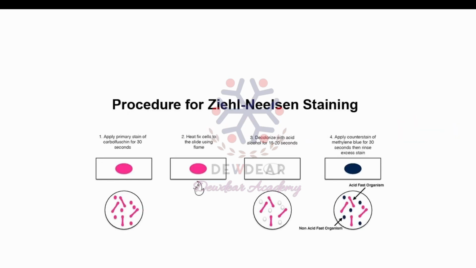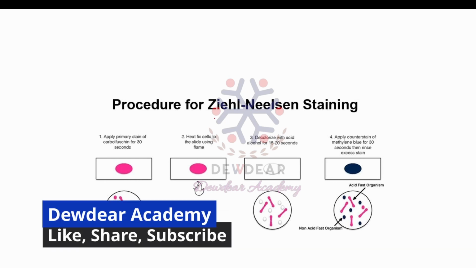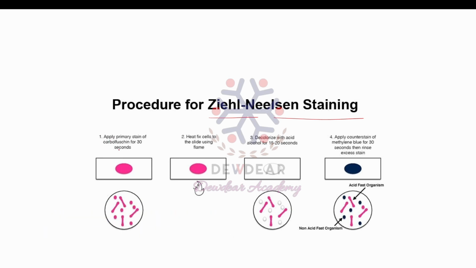You can see this in the picture. This is the procedure for Ziehl-Neelsen staining, which is used for Mycobacterium tuberculosis. When we apply the primary stain, carbol fuchsin, we can see the picture like this. After heating using the flame, we add acid alcohol solution to decolorize.